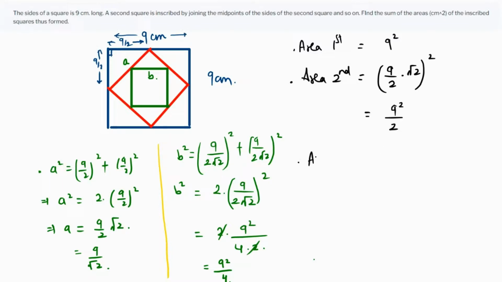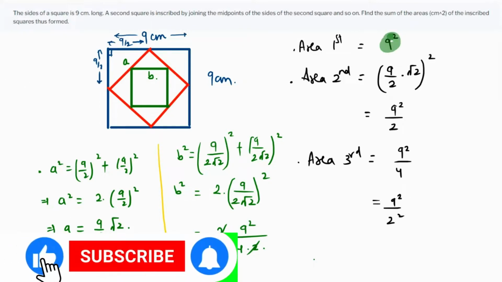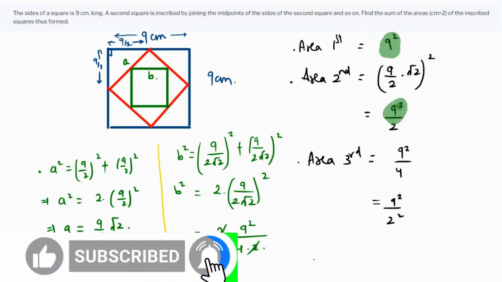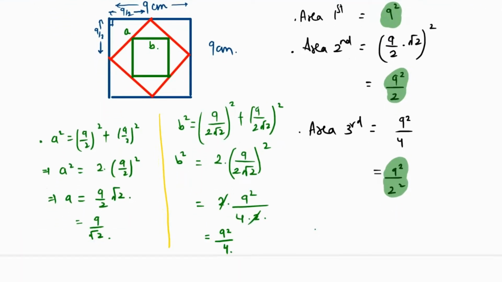And likewise the area of the third one is nothing but b square. So that's 9 square over 4, which can be written as 9 square over 2 square. We can easily notice the pattern: this was 9 square, this was 9 square over 2, this was 9 square over 2 square, and the power of 2 in the denominator keeps on increasing.